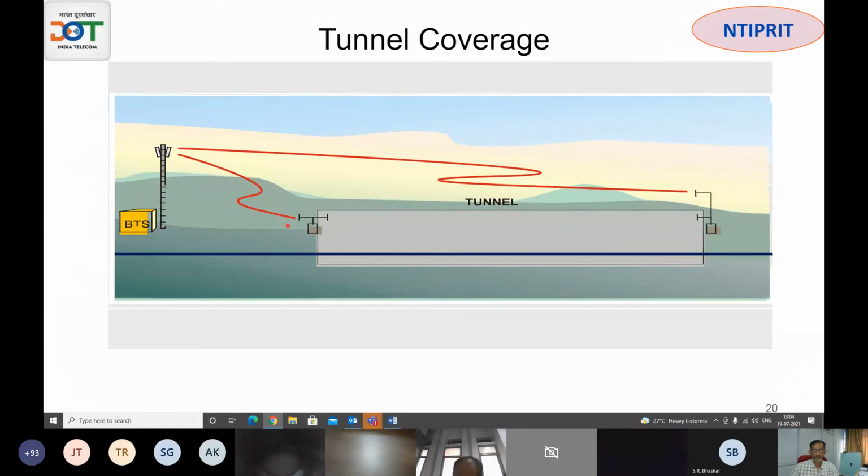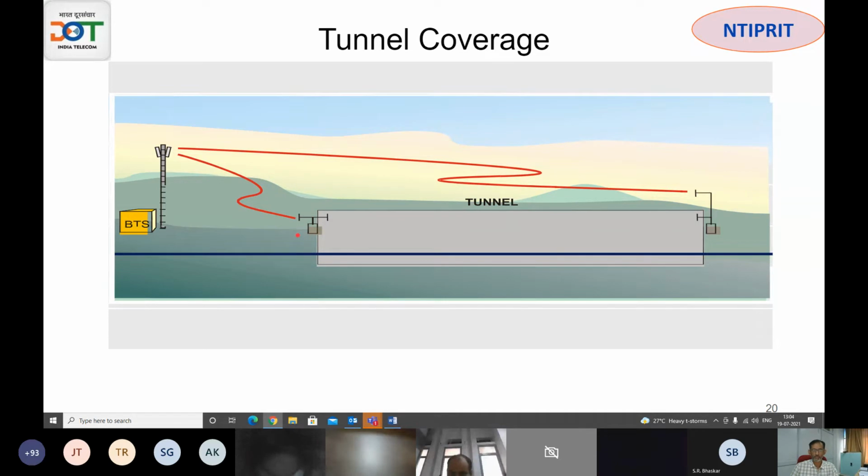Another challenge is like what we were dealing with in Konkan Railway. A huge number of tunnels are there, approximately 700, and some of the tunnels are almost 10 kilometers. So there is a huge network connectivity issue there. They were constantly in touch with operators to have a solution. Now I think they have decided to establish this coverage themselves and provide the infrastructure to the operators.